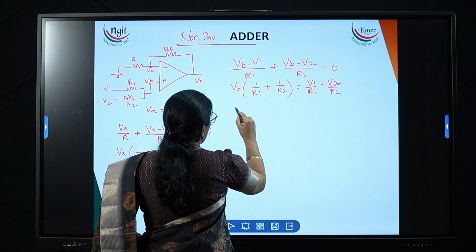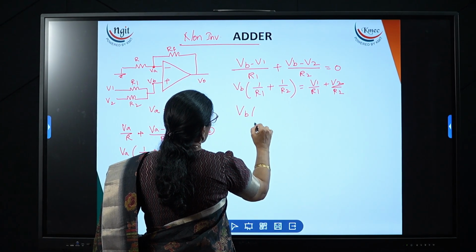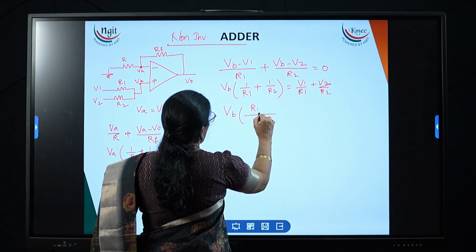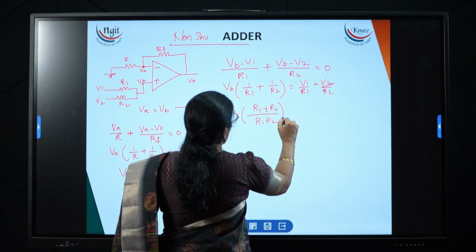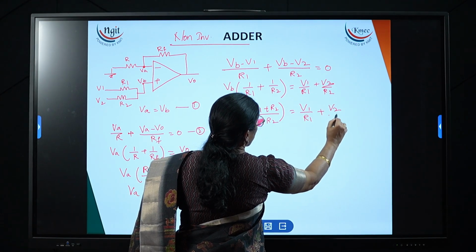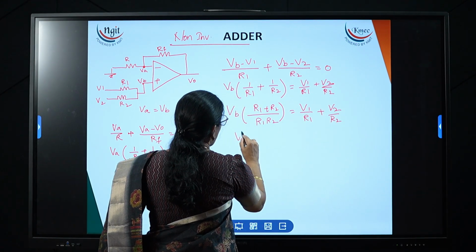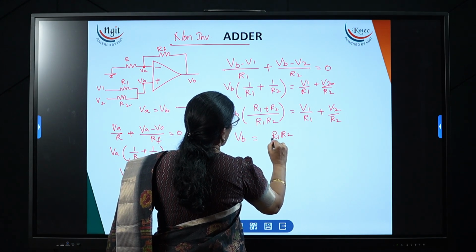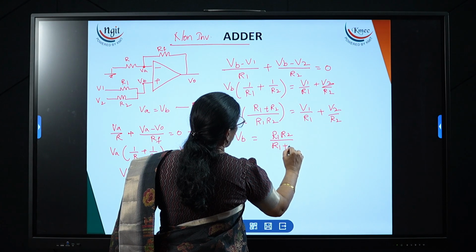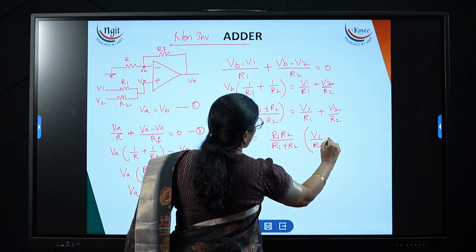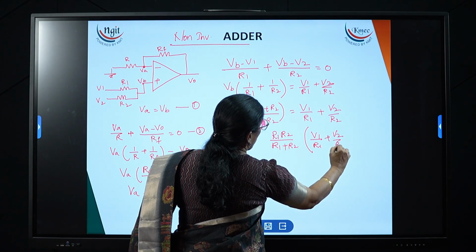Now if I take the LCM, R1 R2, so (R1 plus R2) is equal to V1 by R1 plus V2 divided by R2. Now VB is equal to, we can rewrite it as, R1 R2 divided by (R1 plus R2) into (V1 by R1 plus V2 by R2).